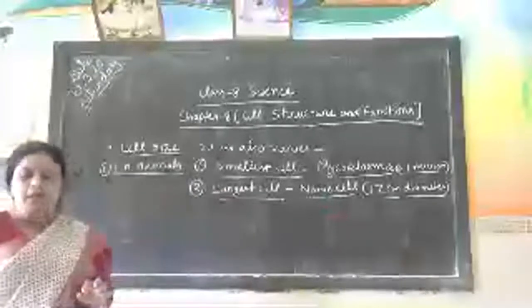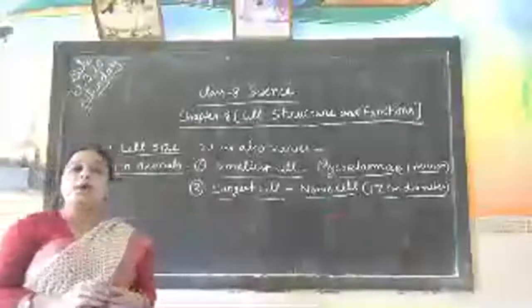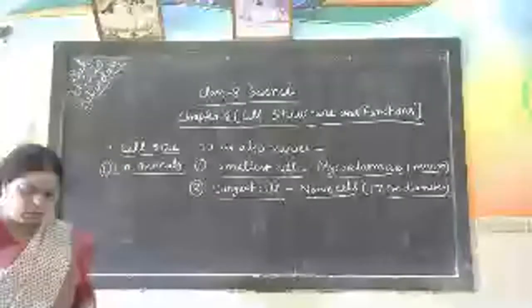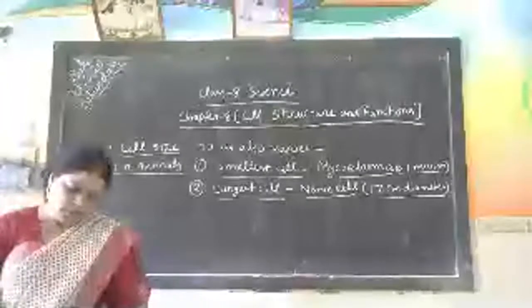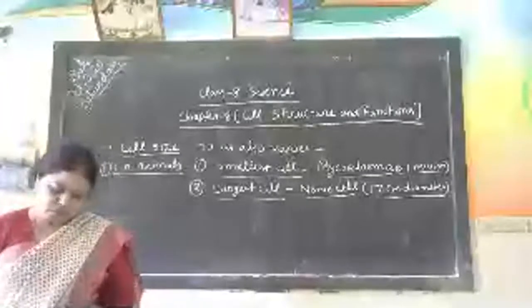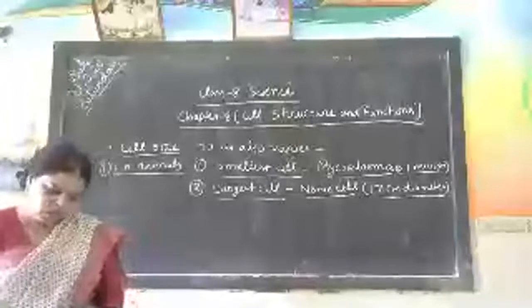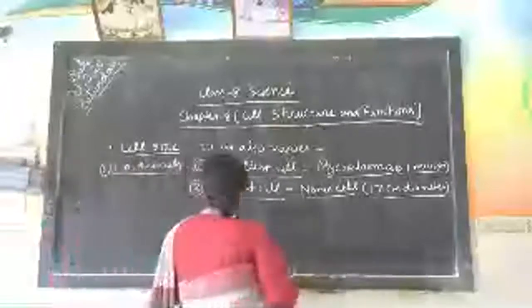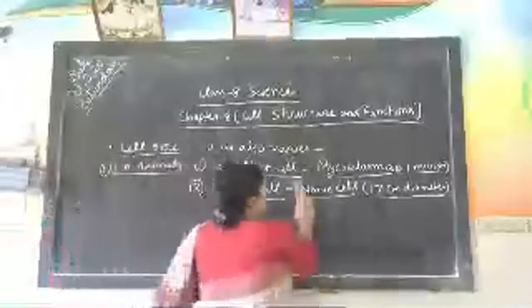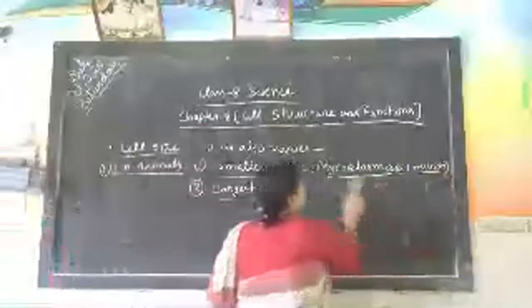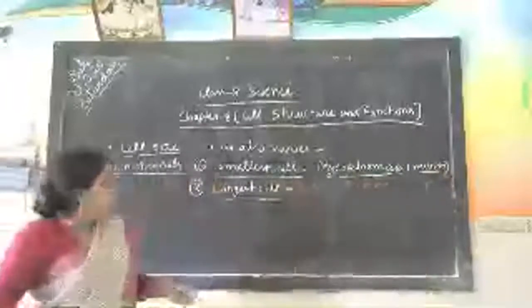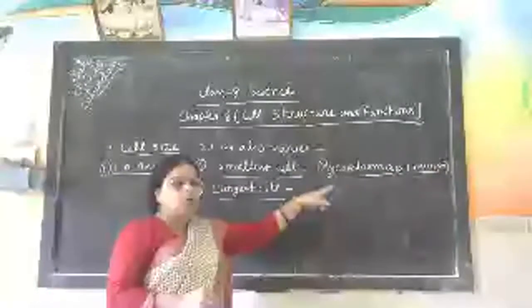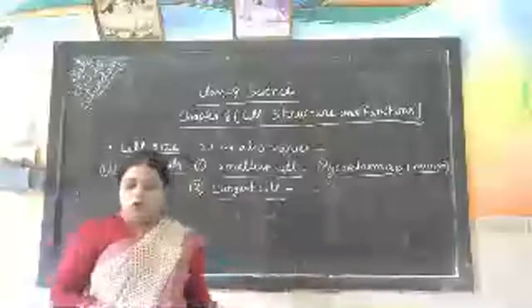Now we will see in the case of man. In animals, the smallest cell is mycoplasma and the largest cell is ostrich egg.